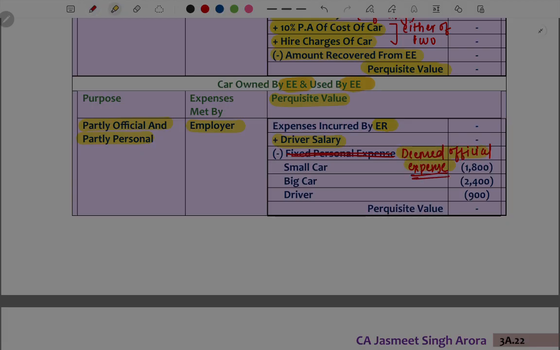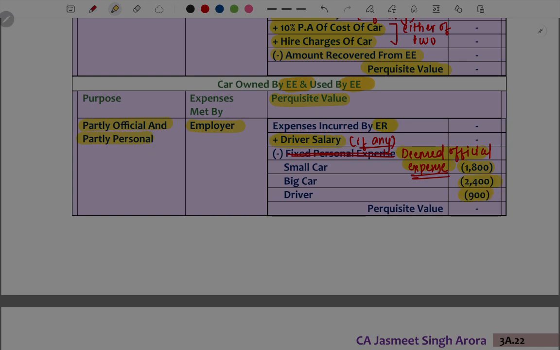Deemed official expense means expenses incurred by the employer plus driver salary, if any. Then deemed official expense minus your small car 1800 or 2400.